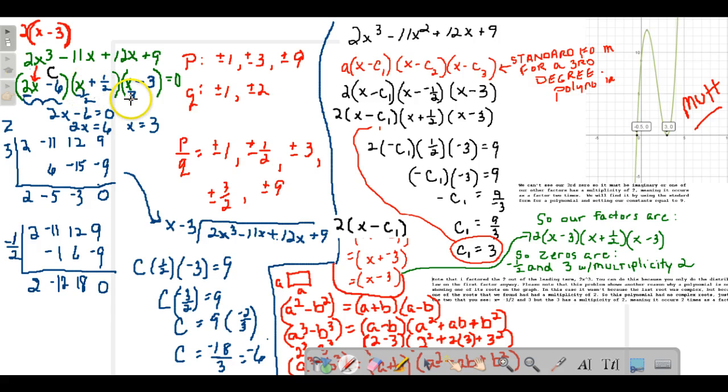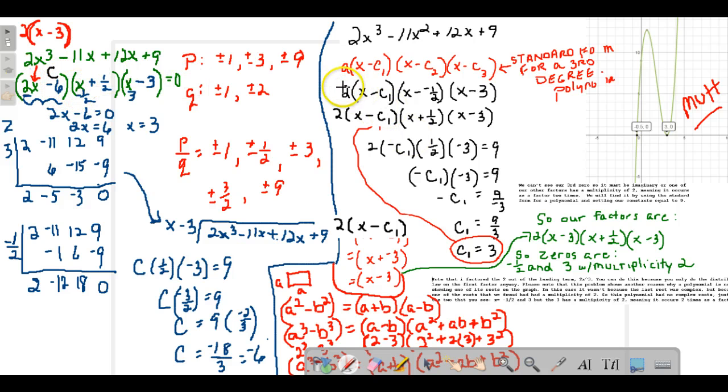We found our zeros, but we're going to use these factors to find out what the third 0 is by setting each of the constants in the factors. We multiply each of those constants and get 9. So each of these c's, -3, +1/2, and in this case it was -6.